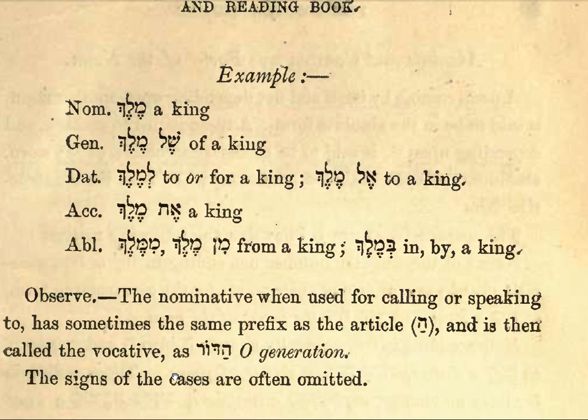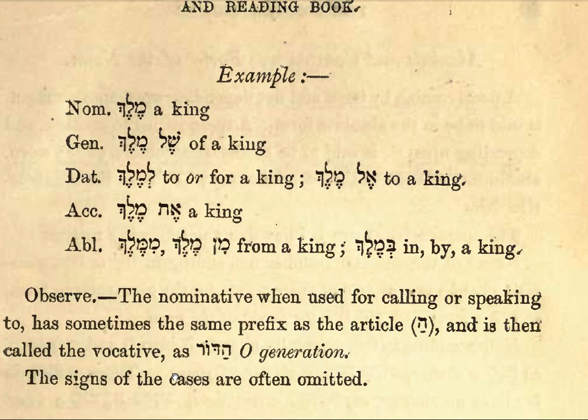Then I love a king, I love et melech. I see a king, I see et melech. I kill a king, I kill et melech. Min melech, I take the sword from a king. Or mim melech, from a king.